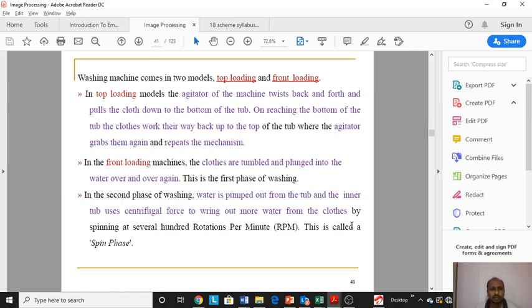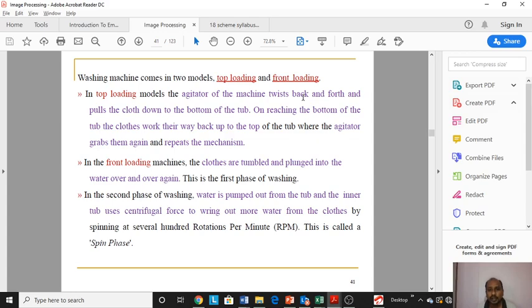Now, as we all know, there are two types of models in a washing machine. One is top loading, the other one is front loading. Okay, in the top loading models, the agitator of the machine twists back and forth. Whatever the motor or the tub we have, that makes it rotate in a back and forth direction and pulls the cloths down to the bottom of the tub.